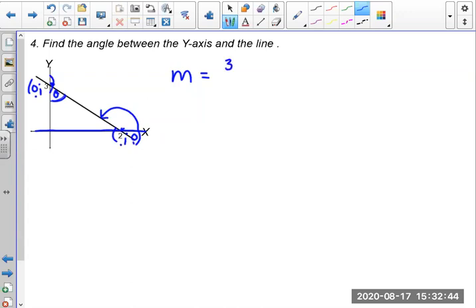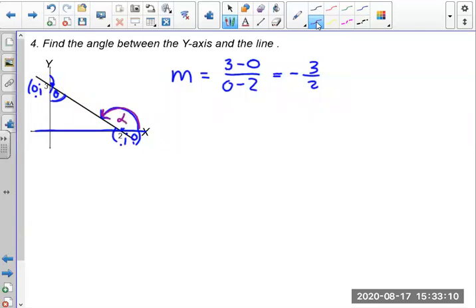So it's 3 minus 0 over 0 minus 2. That gives me a gradient of 3 over minus 2, or minus 3 over 2. It's a negative gradient. Yes, I have a downhill line. So let's call that angle there alpha.